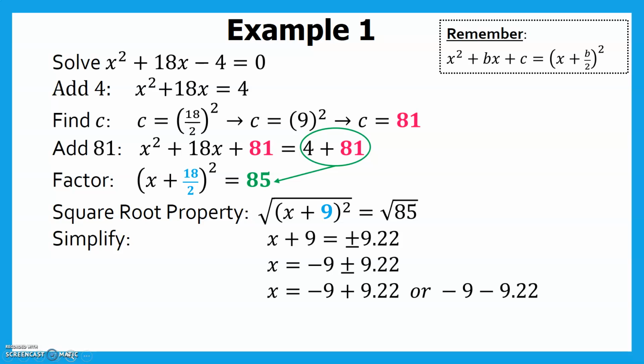That just means negative 9 plus 9.22 or negative 9 minus 9.22. When I simplify these on my calculator, I get 0.22 or negative 18.22. Remember, 0.22 is read 22 hundredths, and the other one is negative 18 and 22 hundredths.